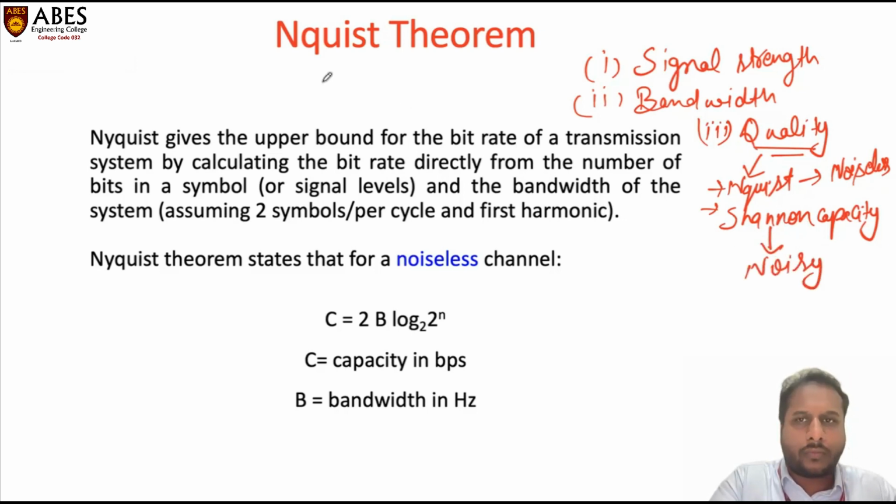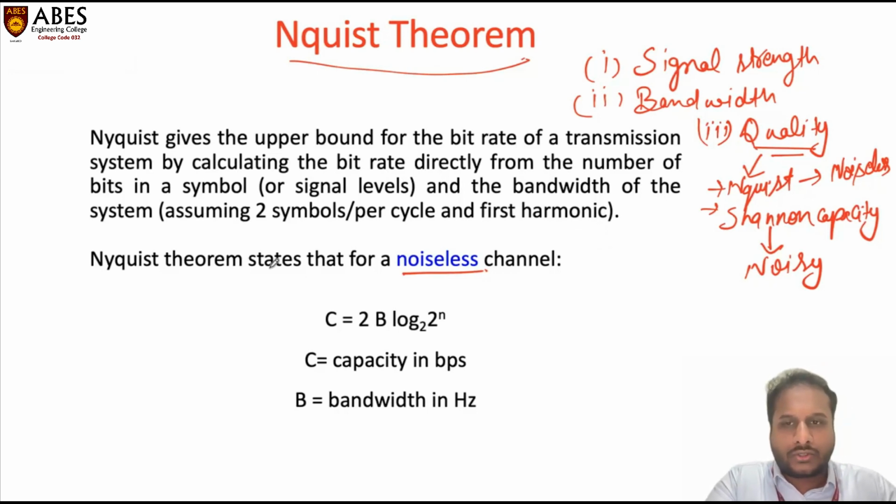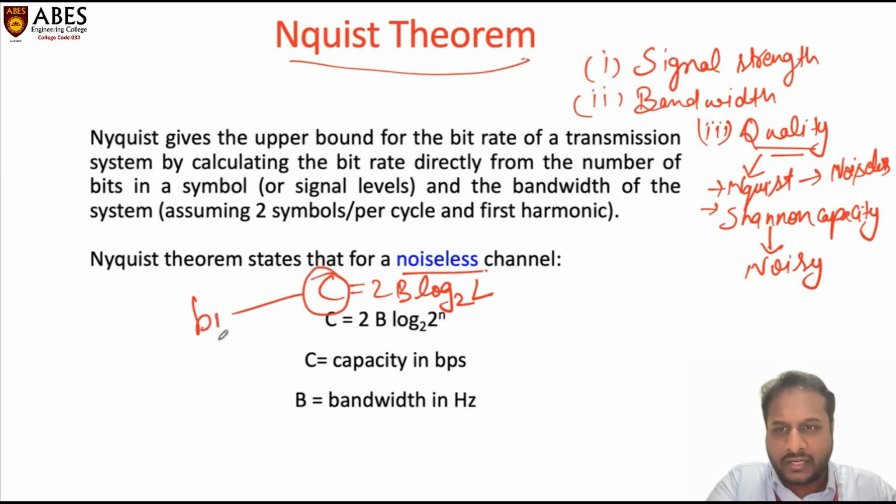First of all, we will talk about Nyquist theorem, which is for a noiseless channel. So it finds the upper bound of a bit rate of a transmission system by calculating a bit rate. So if we talk about bit rate, the value of bit rate is C equals 2B log base 2 L, where C is the capacity, which is considered in bps. bps means bits per second.